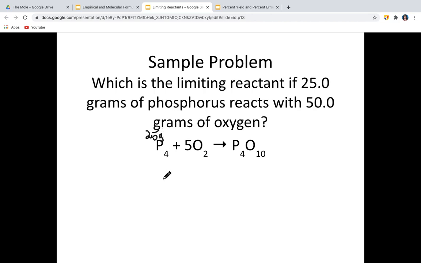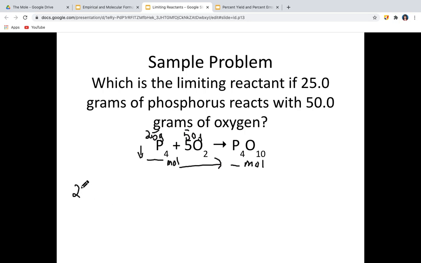I've got that 25 grams, I can figure out how many moles that is, and then I'm going to take it to moles of our product. I want to end with moles of the same thing. For my second one, I'm going to start with 50 grams of O2, go to moles of O2, and then moles of P4O10.